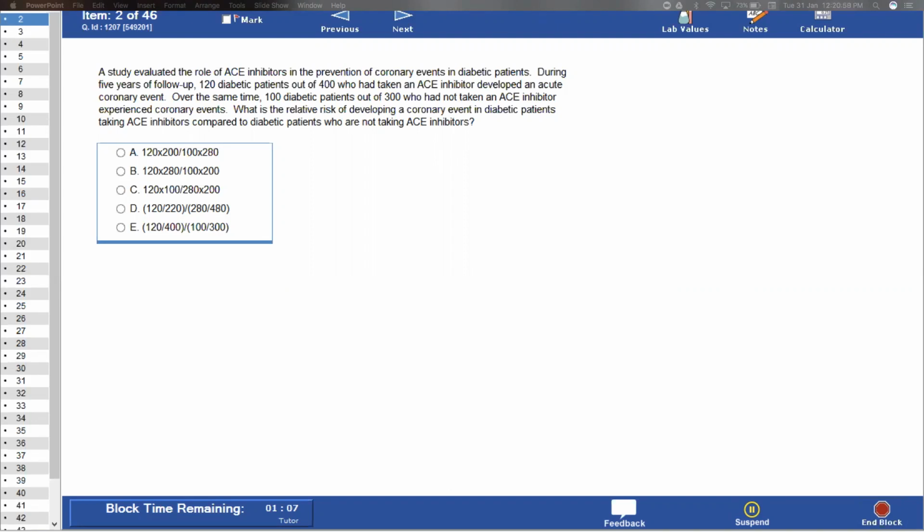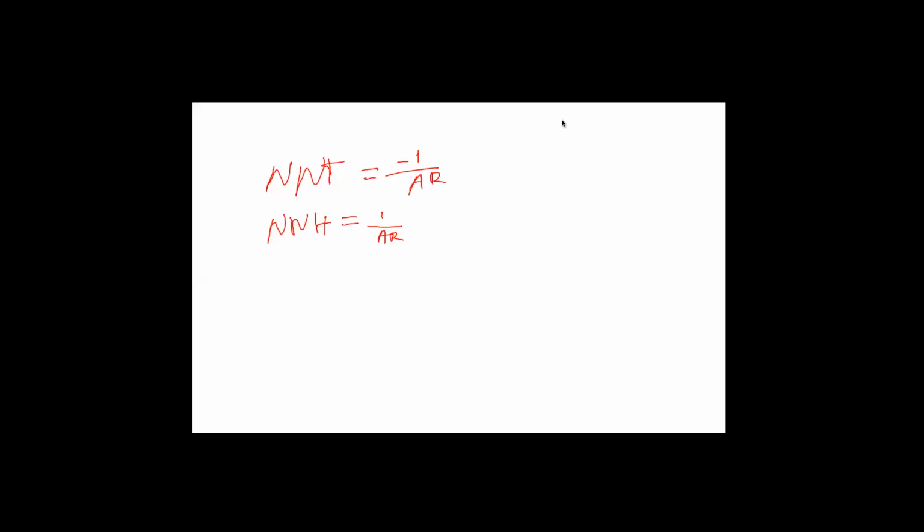All right, let's have a 2-minute discussion on this question. The point that you all need to know is that this guy doesn't want you to solve the question for him. Most of the questions are of this sort. He just wants to evaluate if you know the concept or not. The math part, he doesn't like that. He just wants to see if you know what relative risk is and how to calculate it.